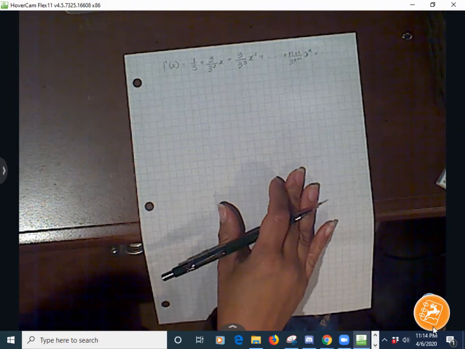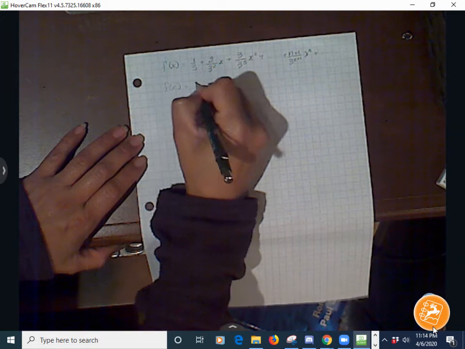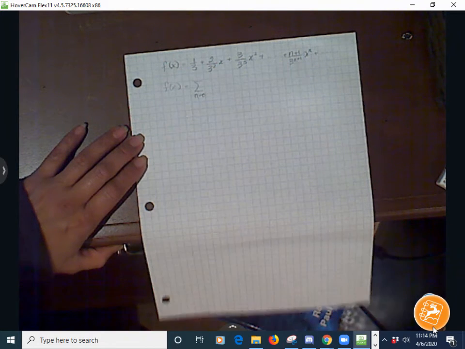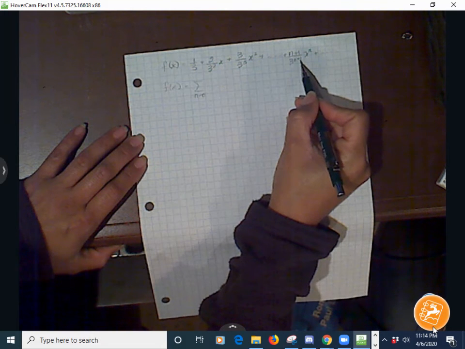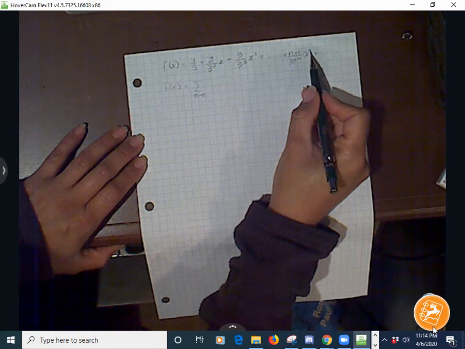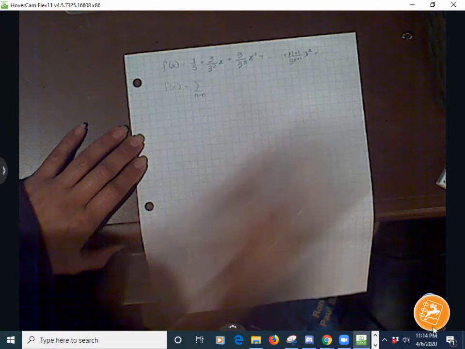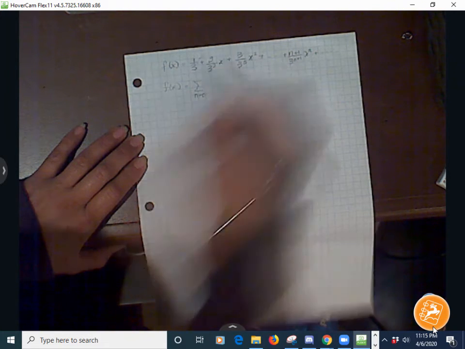Now, I would also like to write f of x with the sum, just in case I need it later on. So n equal to 0, because this is n plus 1, and this is n, and since this is n here, then my x is to the 0 power.